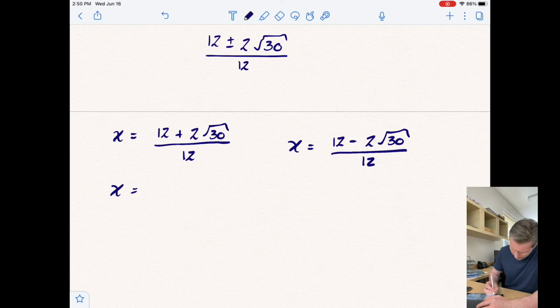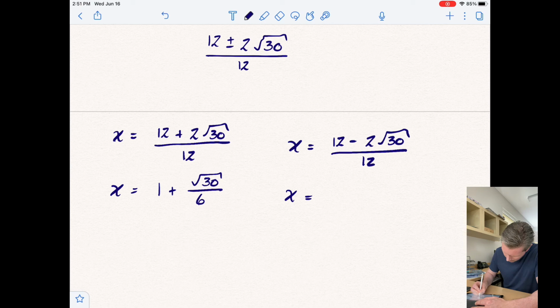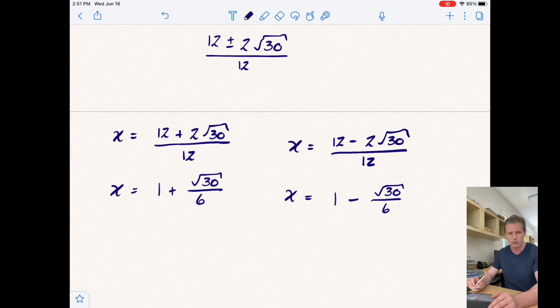All right, simplifying over here. I have a 12 over 12, that's 1. I have a plus. 2 over 12 is the same as 1 over 6. So that is root 30 over 6. So I have x equals 1 plus root 30 over 6. And over here I have x equals, again, 12 over 12 is 1, minus 2 over 12 is 1 over 6, so that is root 30 over 6 again, but this time negative root 30 over 6.